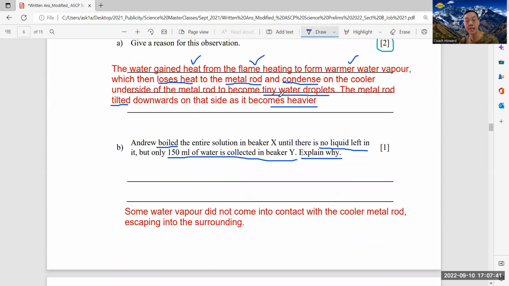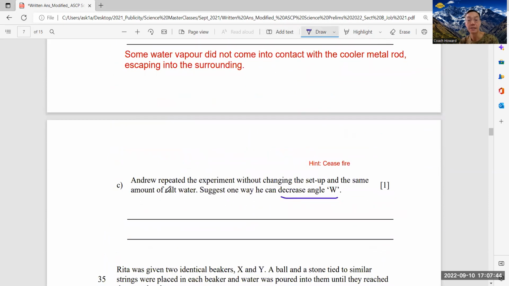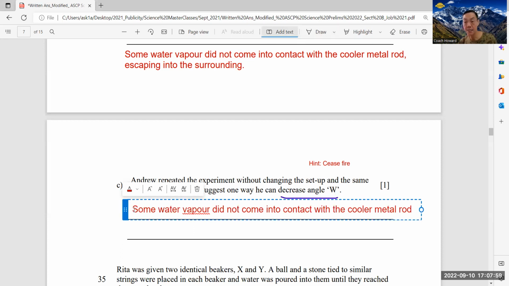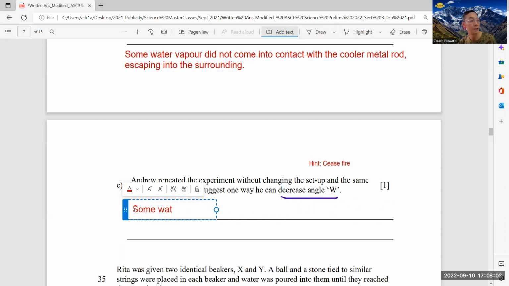He repeated the experiment with the same amount of salt. So you can say he can lower the flame intensity. That means the Bunsen burner is not turned to full flame. So you just put, lower the flame intensity.